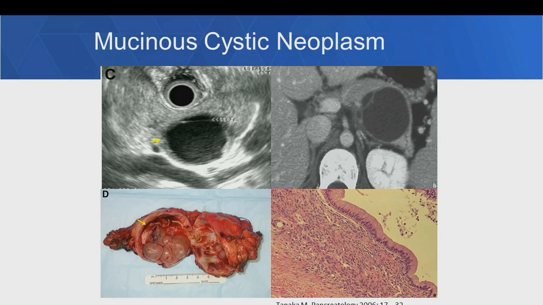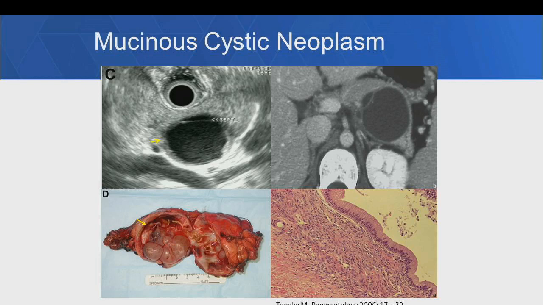And here are similar images of what a classic mucinous cystic neoplasm might look like. So in the top left corner, you have what really appears to be a unilocular cyst. Perhaps it has 1 or 2 septae, but it doesn't really have that microcystic pattern that I just showed you. It tends to have a thicker wall, and it's fairly well defined, and you can see that on the CT scan in the top left corner.